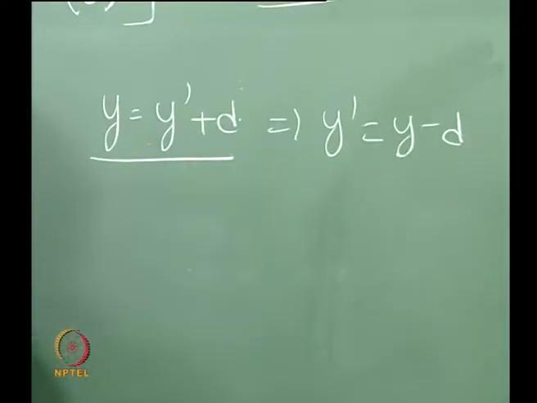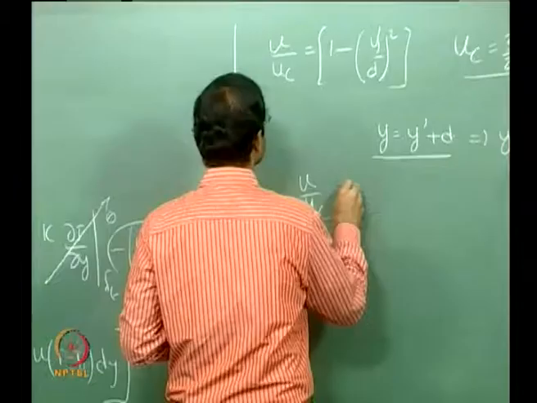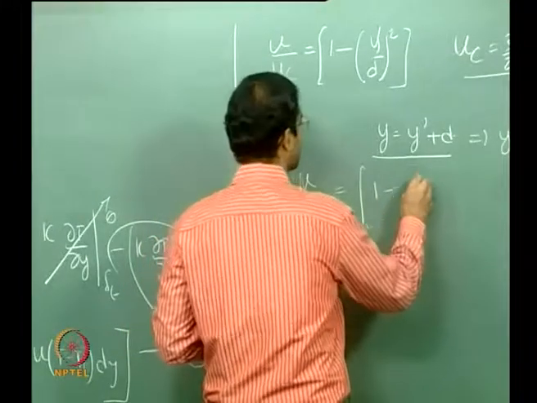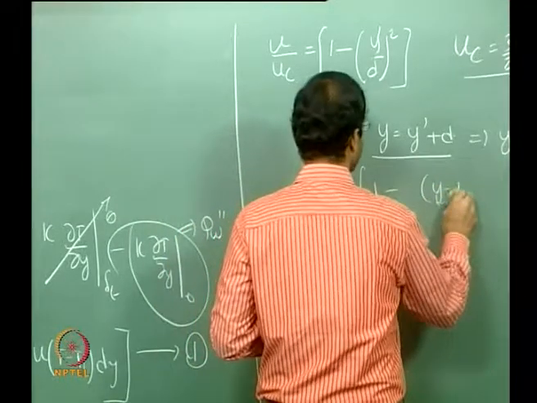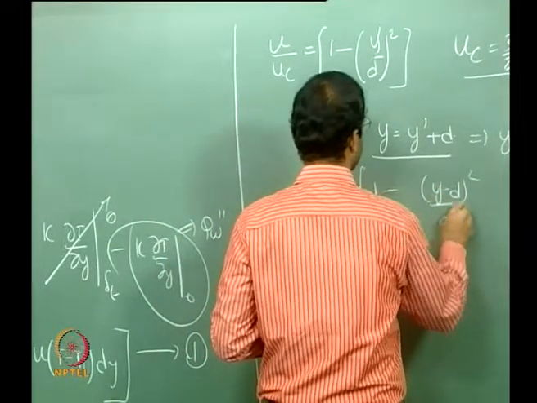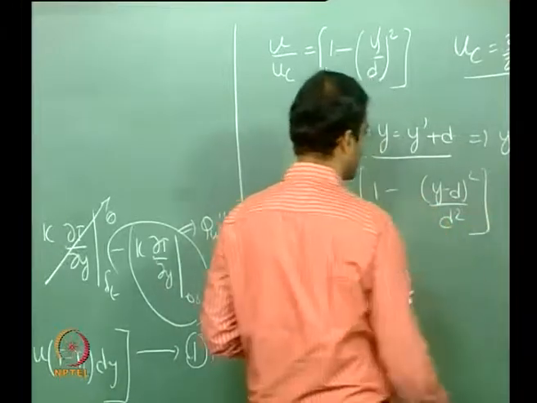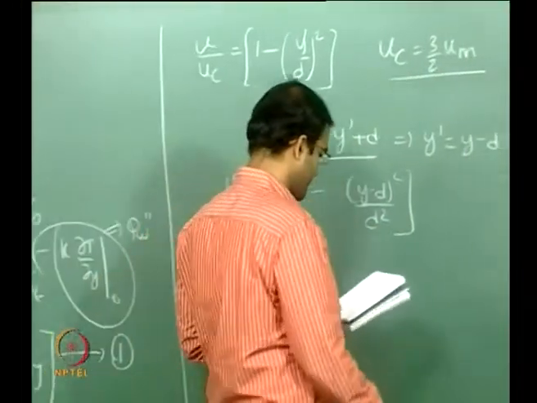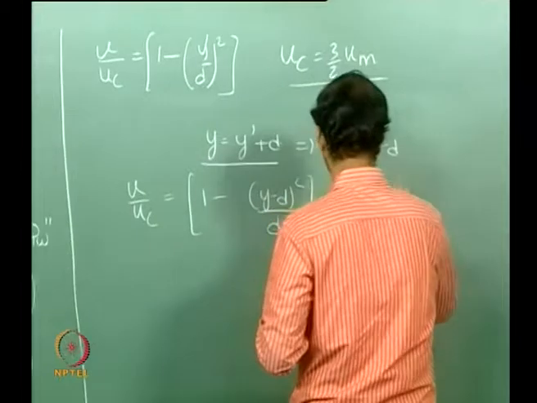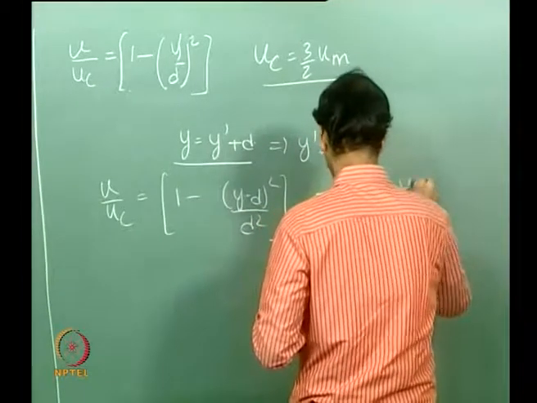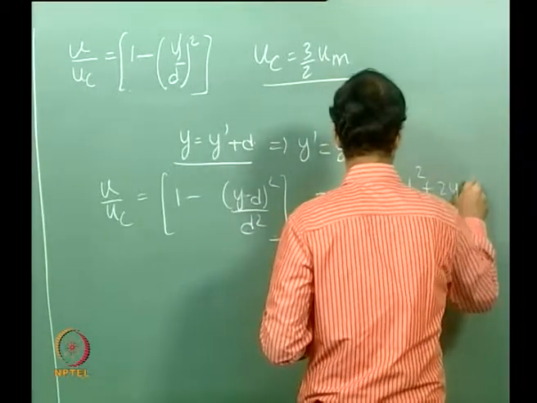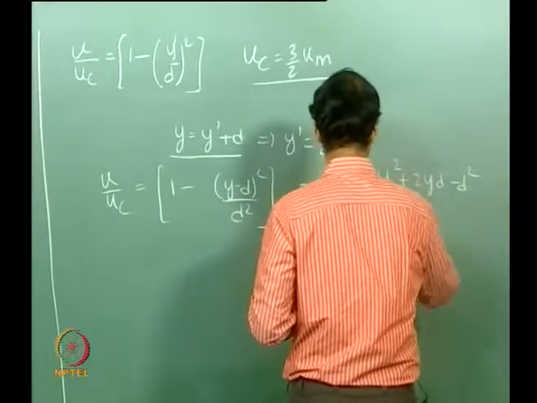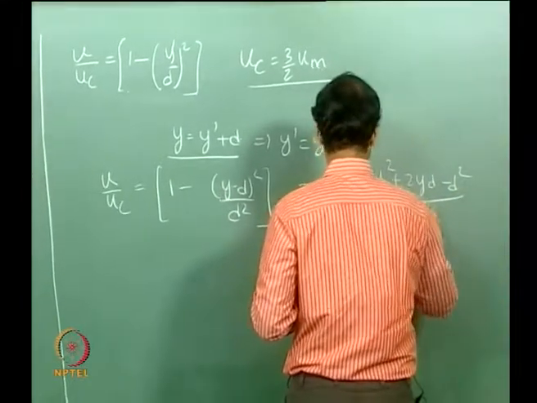So therefore this becomes u by 1 minus y by d the whole square by d square, which if you expand you get d square minus y square plus 2yd minus d square by d square.